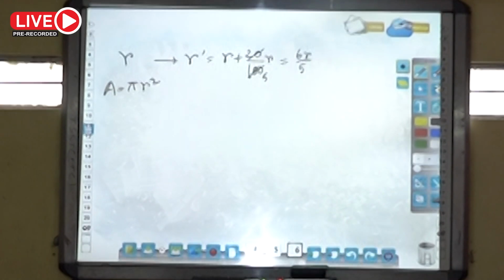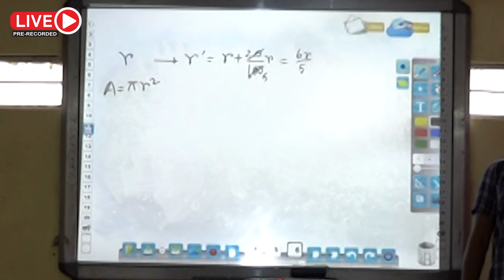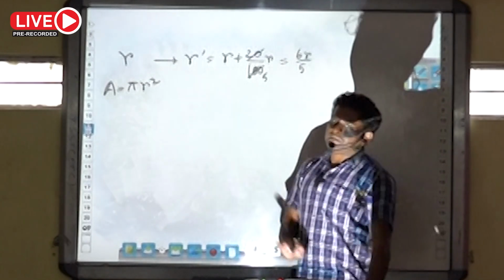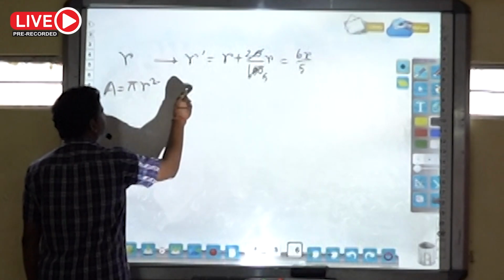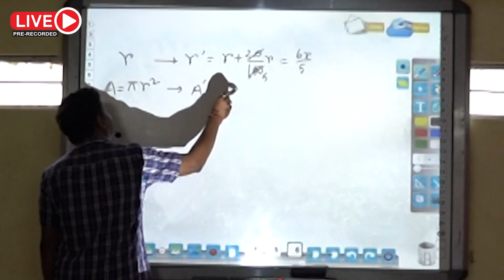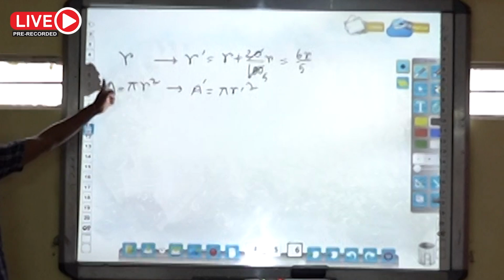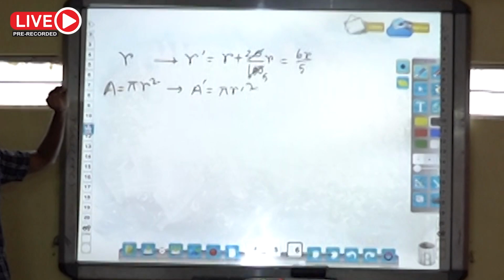Okay. Now from this I can calculate pi r prime square, and then using the formula for error calculation I can calculate. But I will put this in a different manner. So area will be changed to A prime, and A prime will be pi r prime square.